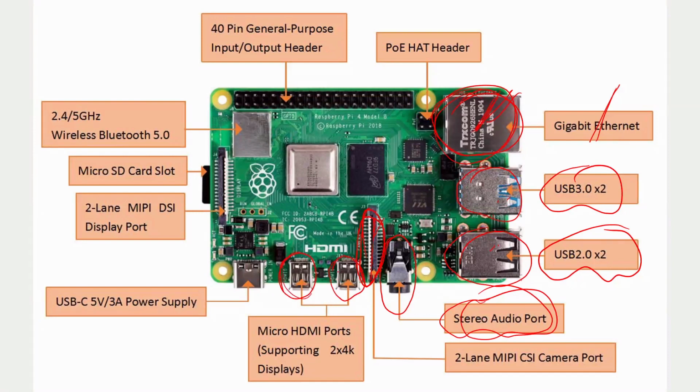These are the two HDMI ports. Both are micro in size, and both support 4K display, so 2 into 4K display. The resolution is very high, hence the picture quality will be very good compared to HD.